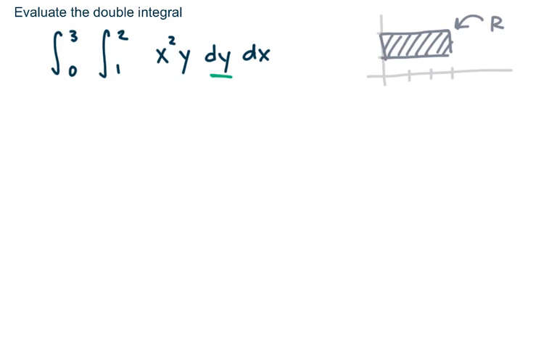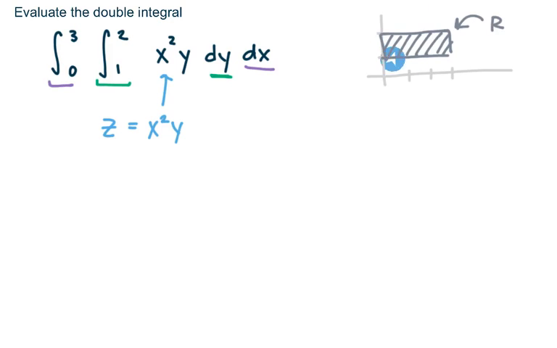And again, since dy is first, this first integral symbol that we're going to evaluate with respect to, that's going to be y. And then we've got dx, my x's are between 0 and 3. And then x squared y, that's my function of two variables. That's f of x, y, or rather, that's my function z. So that's my surface in space.